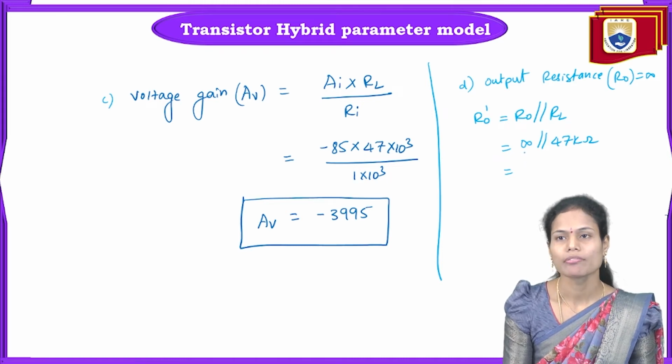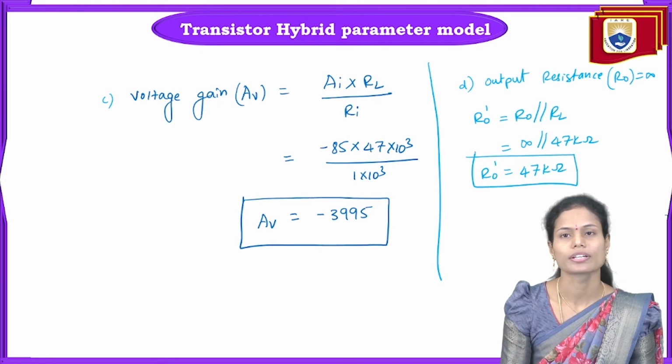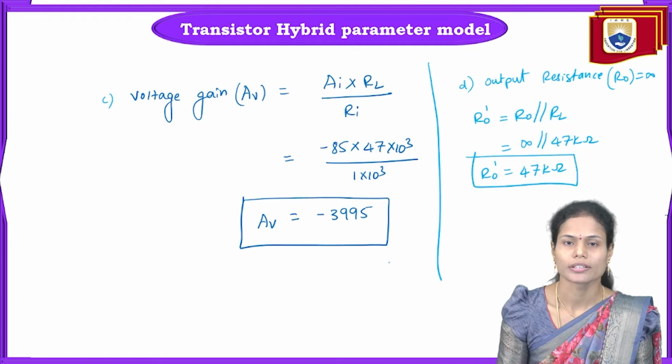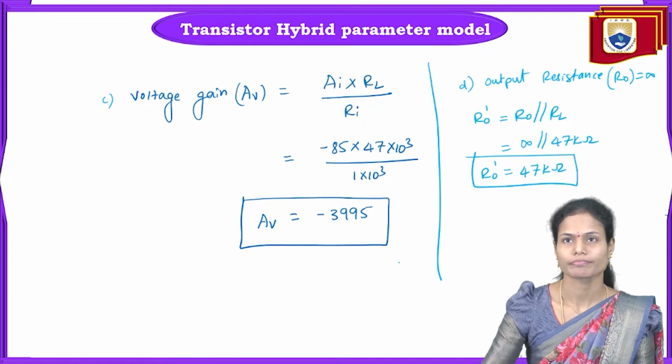So if we compare infinity with 47 kilo ohms, the lowest value is 47 kilo ohms. So the R0 dash value is 47 kilo ohms. In this way we need to calculate all the parameters using the approximate analysis, once we satisfy that HOE RL should be less than 0.1.